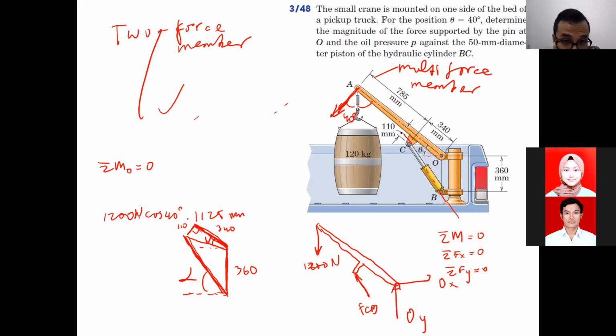Iya, bisa. Nah, kalau sudut di situ bisa tahu, terus sisi miringnya bisa tahu, sudut di sini juga bisa tahu kan?